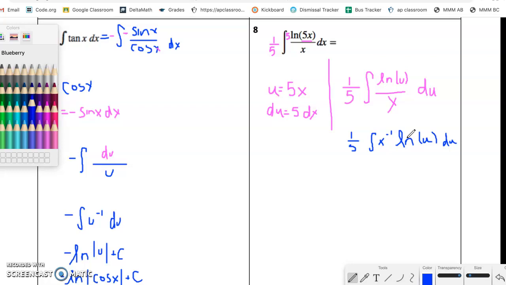So what I can do is now like a v substitution, where I say v equals this ln of u and dv equals, I'm going to say x to the negative 1, chain rule, du.